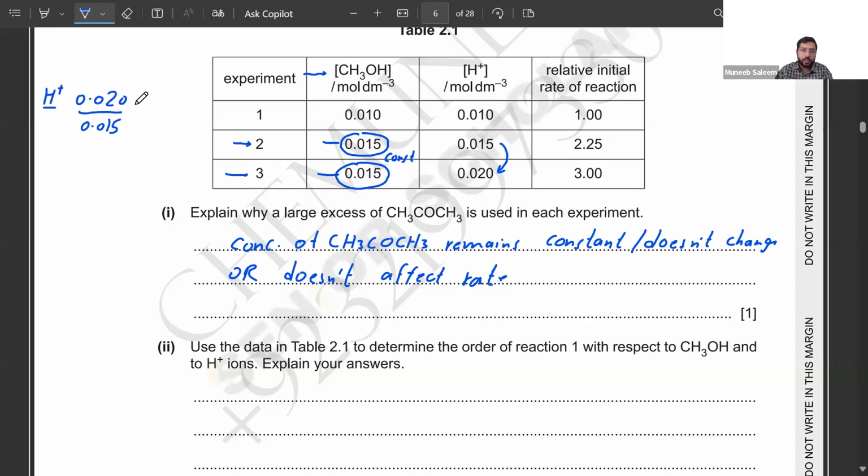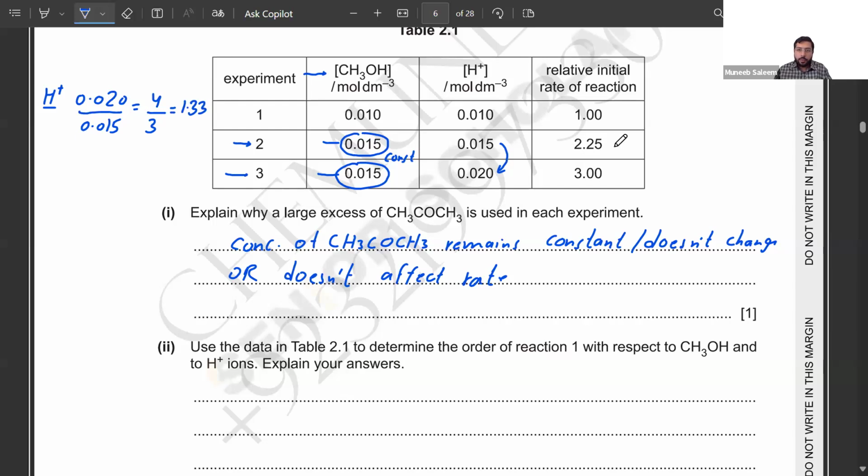You can simplify this by dividing by 5, and you get 4 over 3, which is equivalent to 1.33.